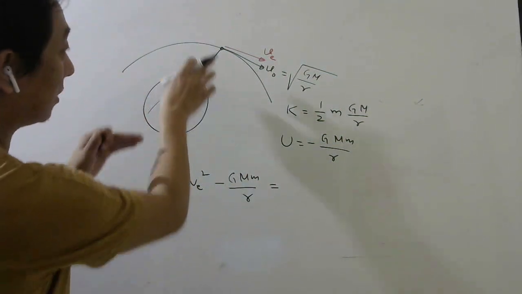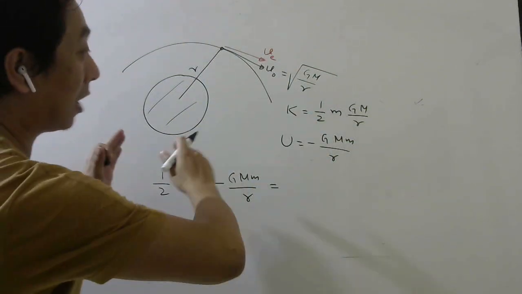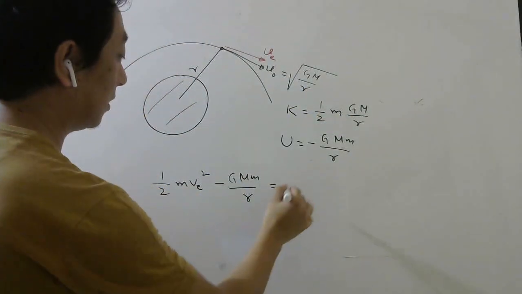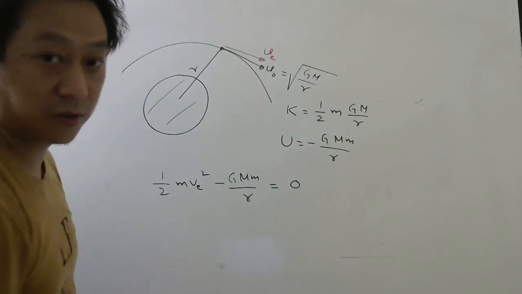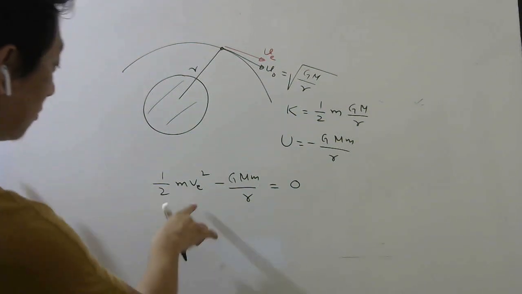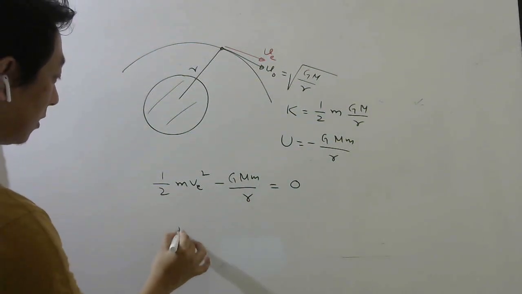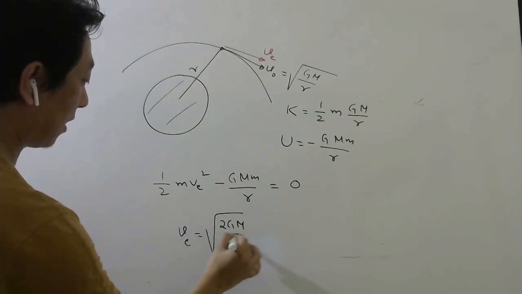When I increase the kinetic energy, it will try to go in a bigger orbit. I want that orbit to go to infinity. So total energy there at infinity, let me take 0 so that I can calculate the minimum kinetic energy required. So from here, if you try to solve this, you will get ve equal to root over 2GM by r.